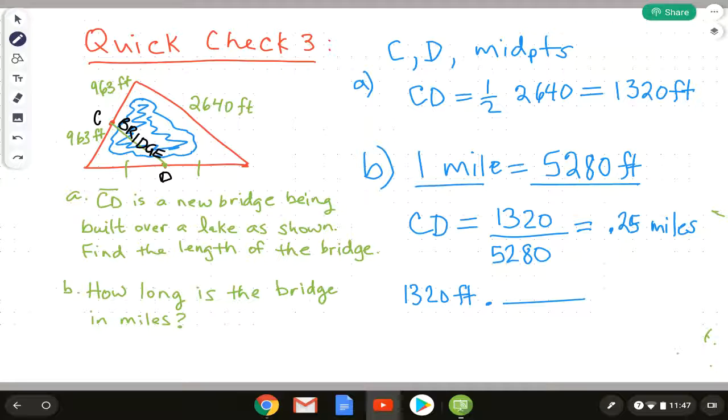And I'm going to decide which one to put in the numerator by the units I want to end up with. So if I want to end up with miles, I'm going to put 1 mile on top. And in the denominator, I'll put the other part of the conversion factor, which is 5,280 feet. So what happens is my feet, the units feet, cancel out. And I'm left with the unit miles, but I did essentially divide 1,320 by 5,280.